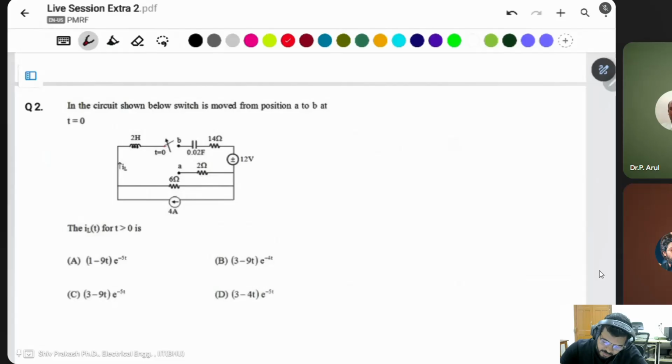It is previously connected to A, then connected to B at t equal to 0. How can you make the circuit and find the solution by using Laplace? Can you try to make the Laplace circuit?